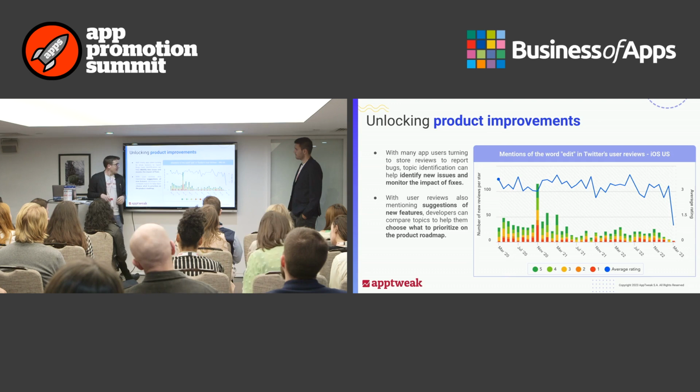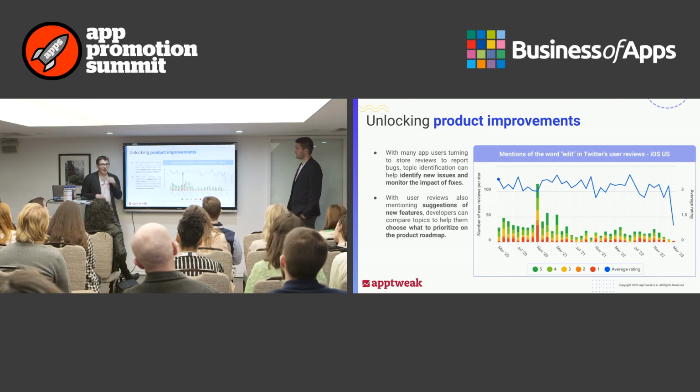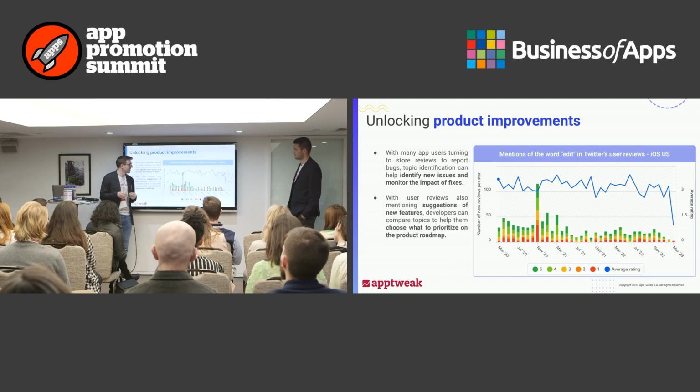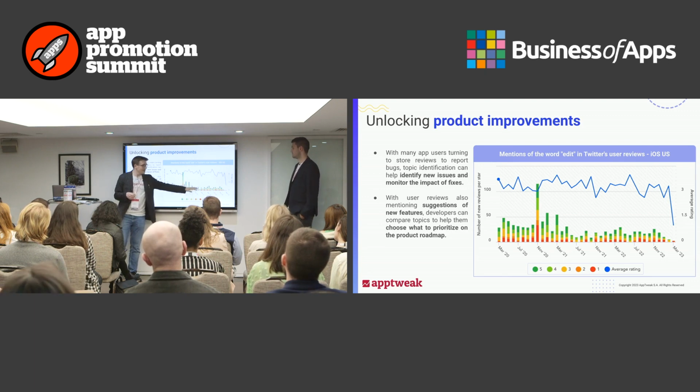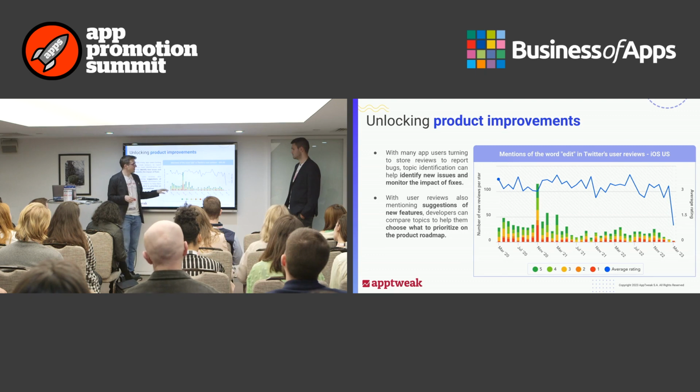So for everyone who's on Twitter out there, I'm pretty sure that everyone loves to say, when do we have the ability to edit our tweets because these grammar mistakes and misspellings are annoying? Well, over time, what you can see is that in here, the topic actually has really died down in the amount of reviews that Twitter is getting.